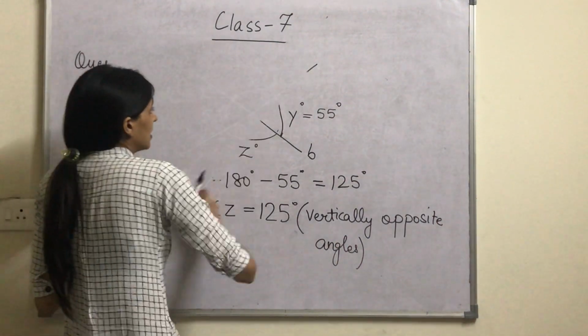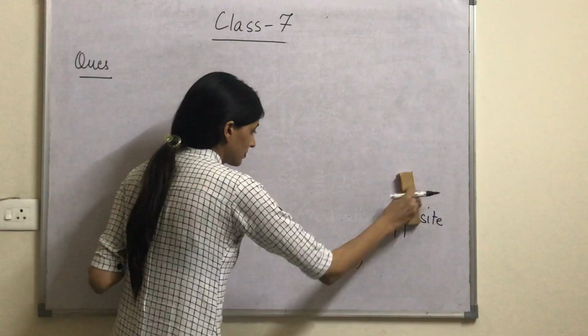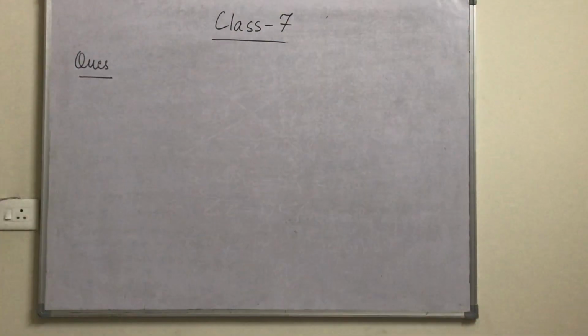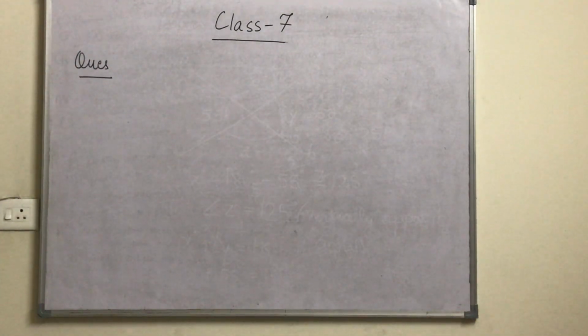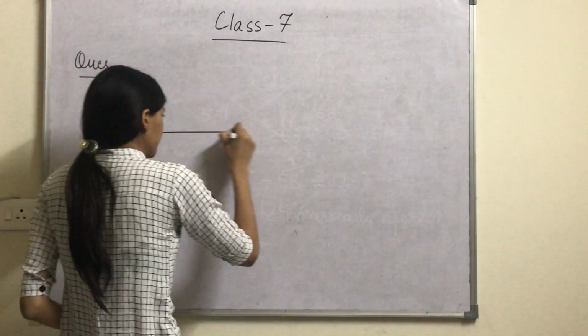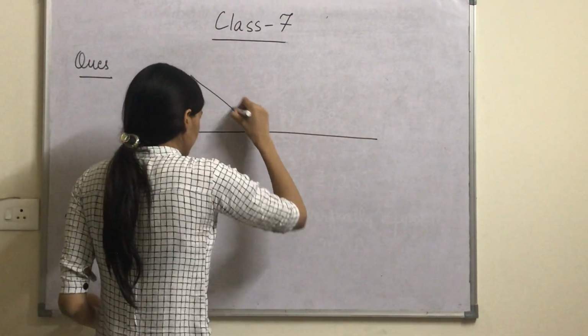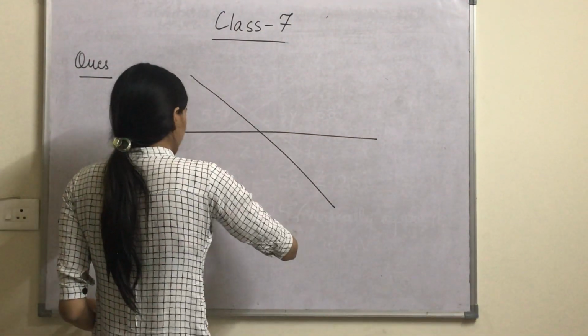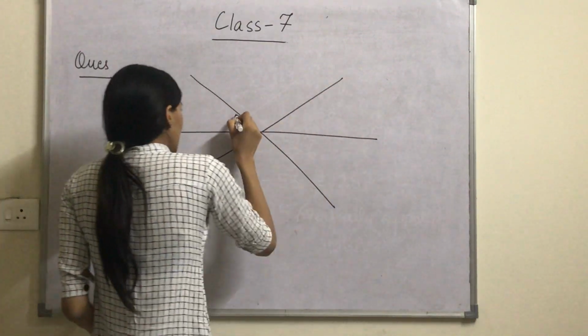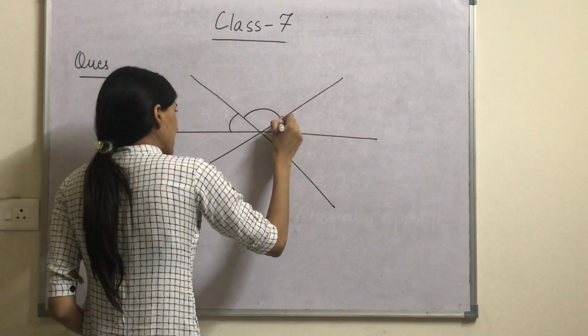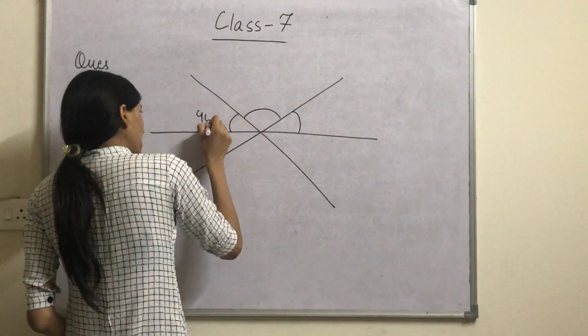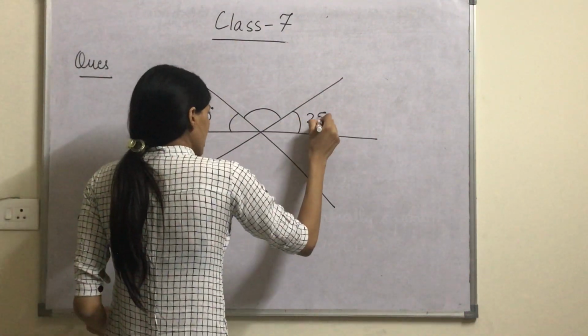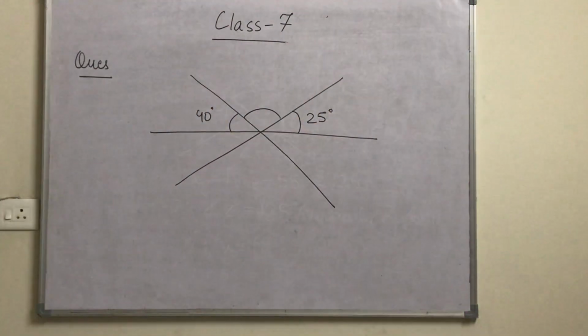Let's do another question. A question is given to you. This angle is 40 degree. This is 25 degree.